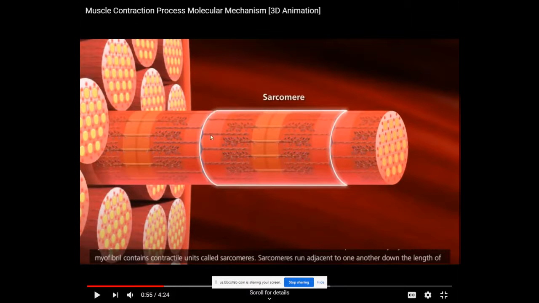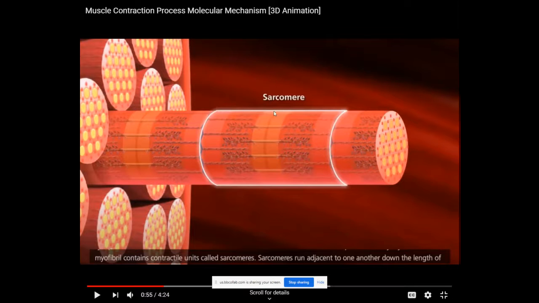It's this area that gives the light appearance to striated muscle. You remember how striated muscle has alternating light and dark regions? There's only actin present in that area. This region will narrow significantly and quite possibly disappear during a muscle contraction.